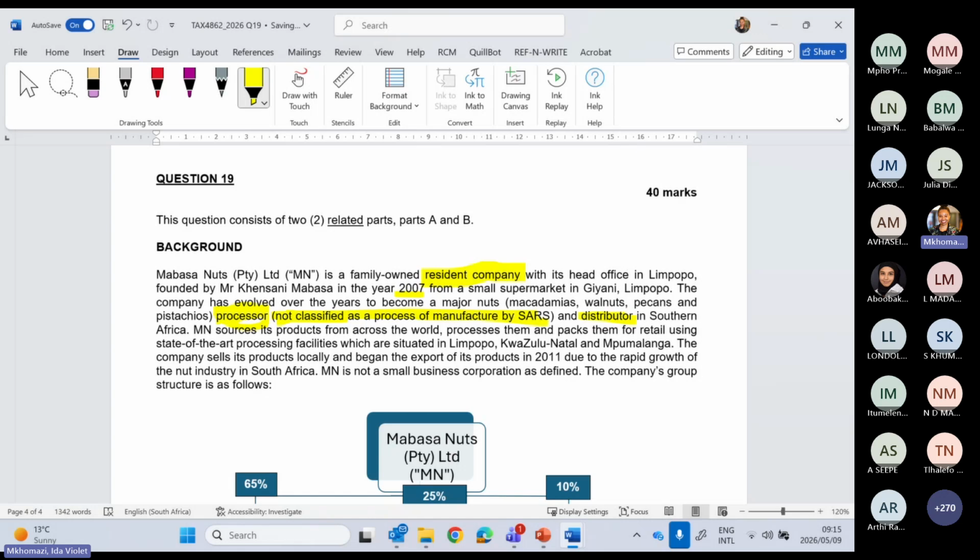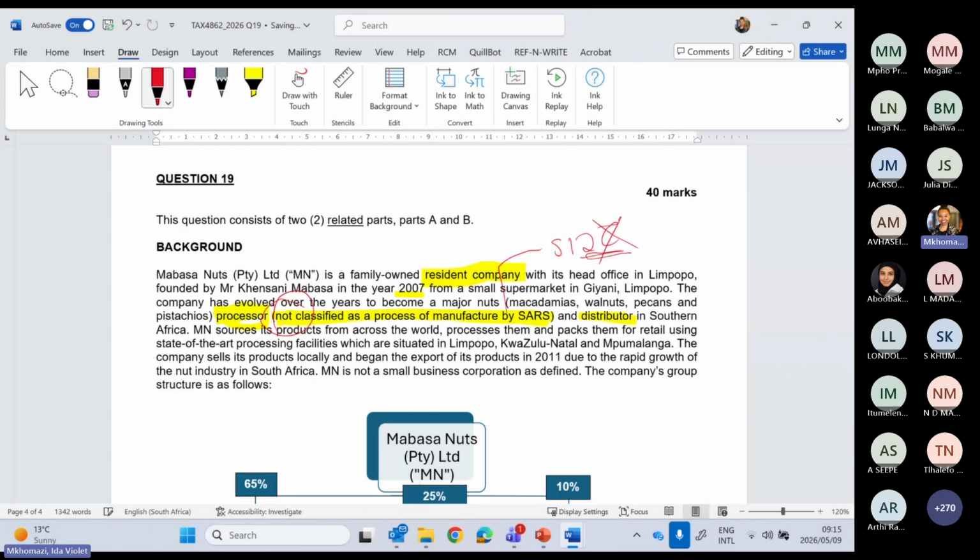What I wanted to speak about here is this part that I'm highlighting, about not being classified as a process of manufacture. This means that in the question, if you ever come across any manufacturing asset, you will not apply section 12C, because we are telling you that this process of nuts is not classified as a process of manufacture.